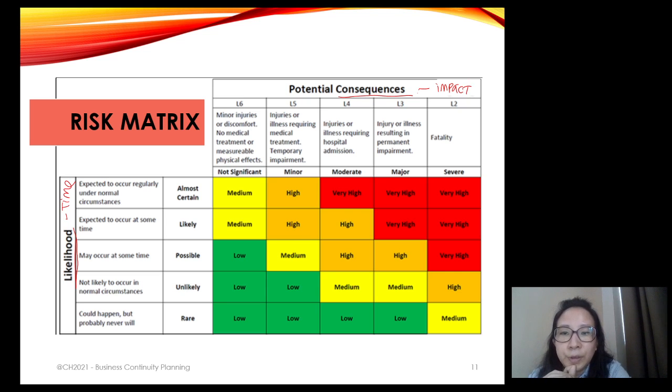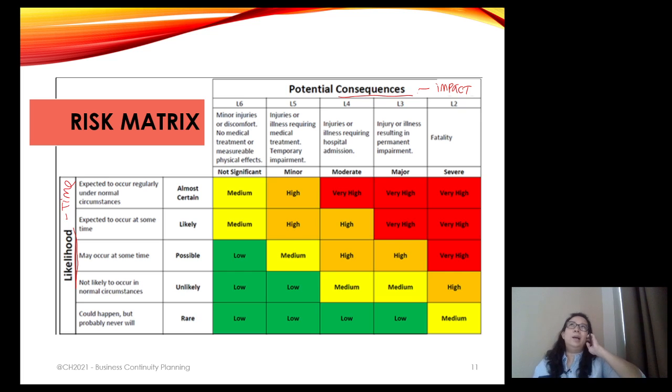Okay, so for the likelihood, we can differentiate into five categories. The first one is rare: could happen, but probably never will. Example, if we're talking about the risk of flood, banjir ya. If your business is online, maybe the flood can happen.